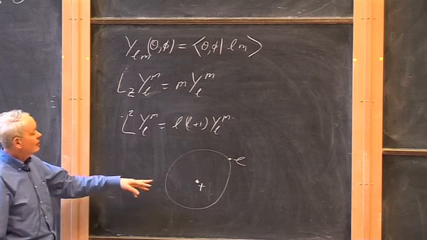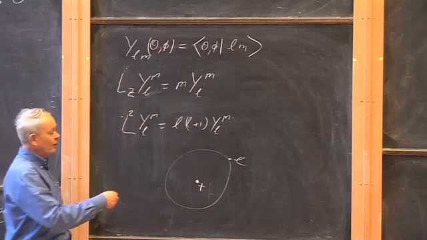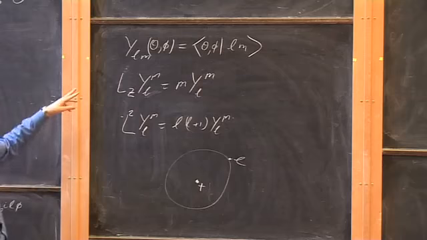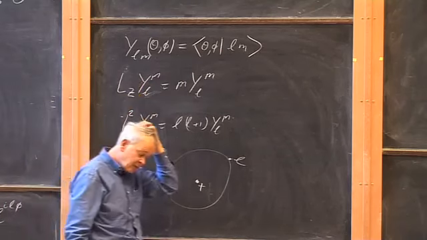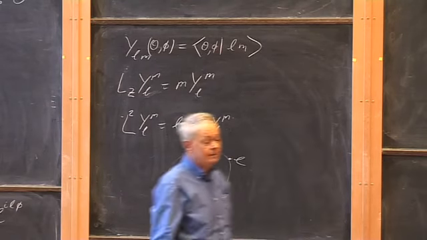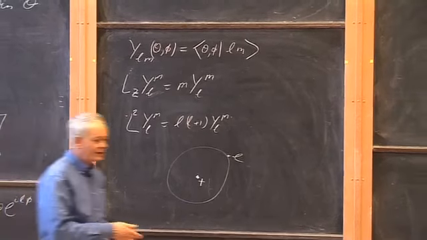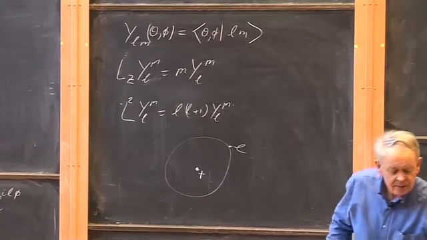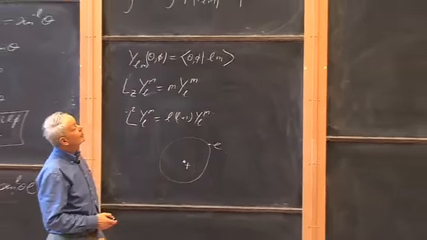The answer is that its wave function is going to be a function of r, which we'll see. It'll tell you how much it's oscillating in radius as it goes round and round, times one of these YLM things. So we should be able to understand these YLM things in terms of orbits at some level, right? So let's address ourselves to that. What can we understand about these mathematical functions YLM in terms of what we understand intuitively about how an electron should go in an orbit around its nucleus?